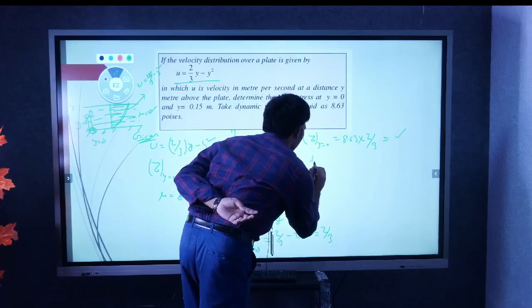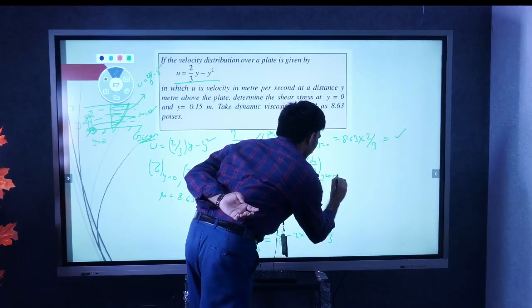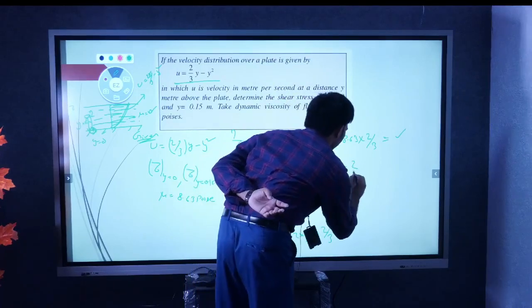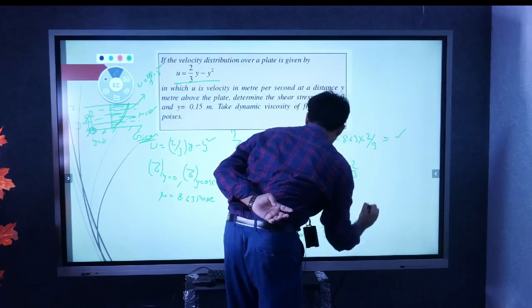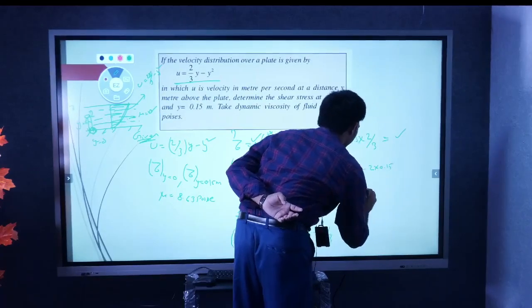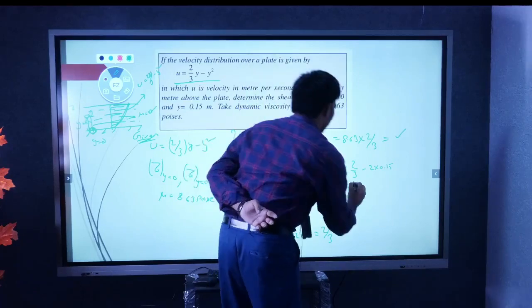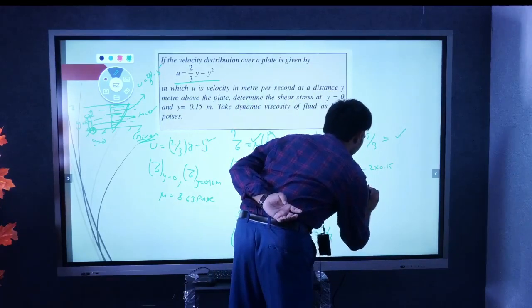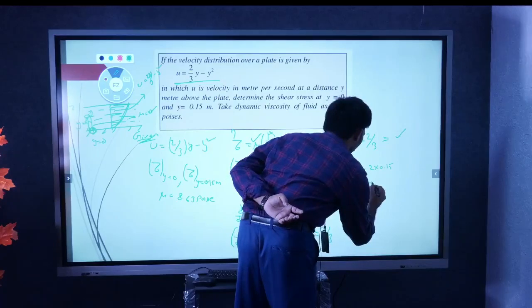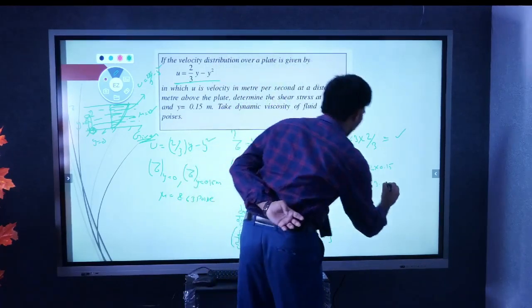Next, du by dy at y is equal to 0.15 means 2/3 minus 2 into 0.15. That is 2/3 minus 0.3, right? So 2 minus 0.9, that is 1.1 by 3.